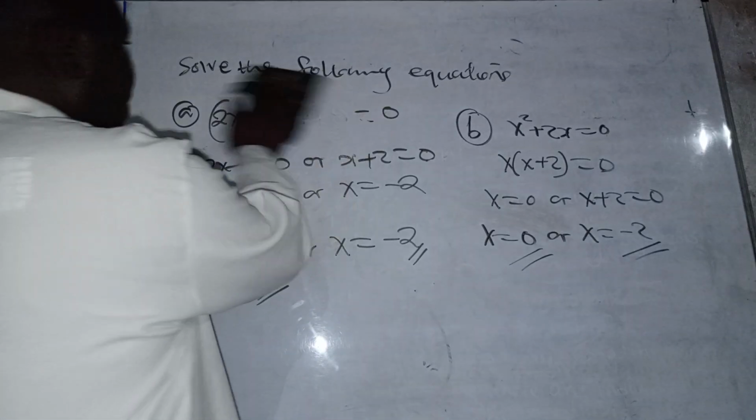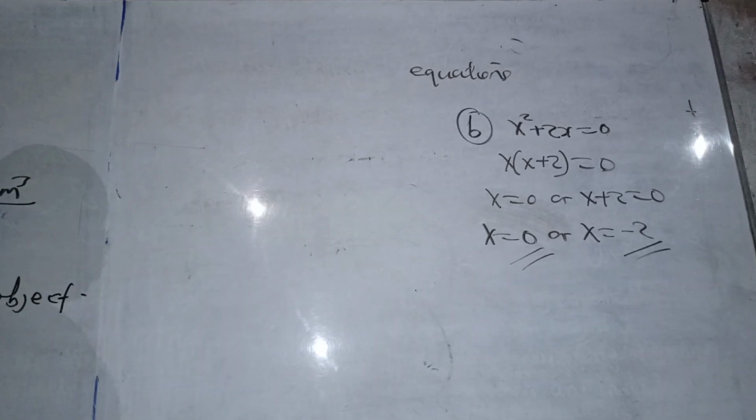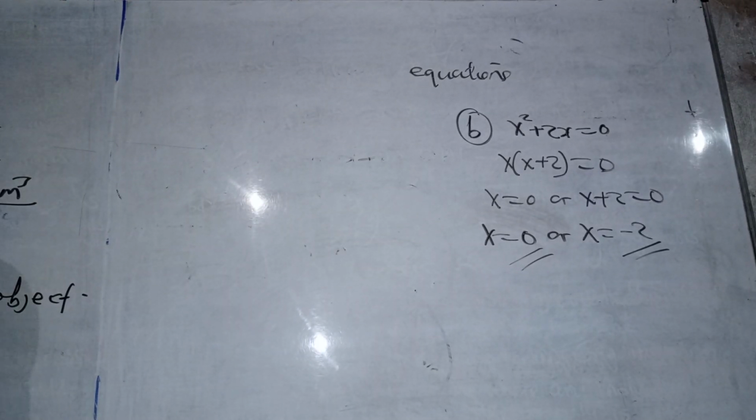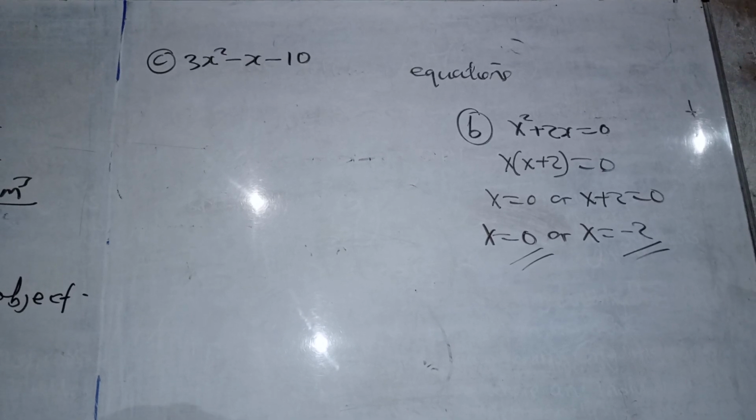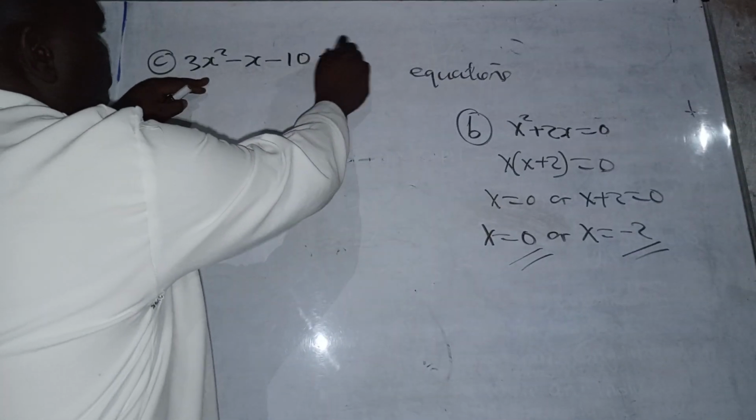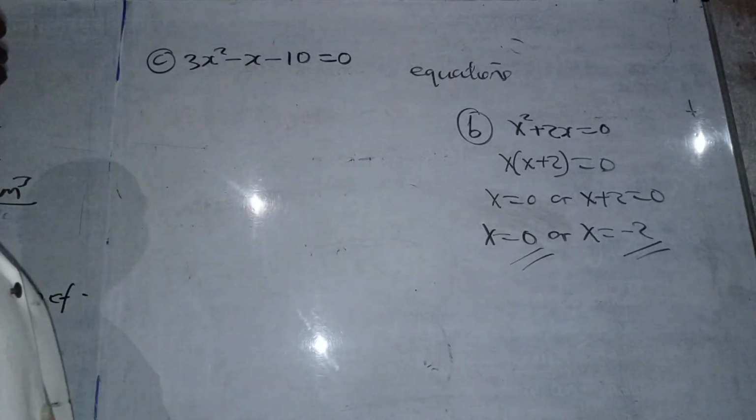Maybe question C. Question C is 3x squared minus x minus 10 is equal to 0.